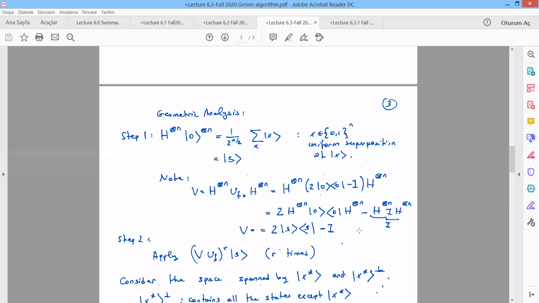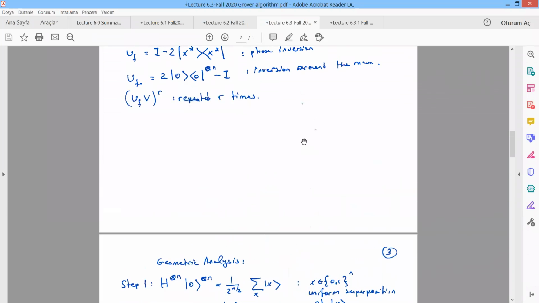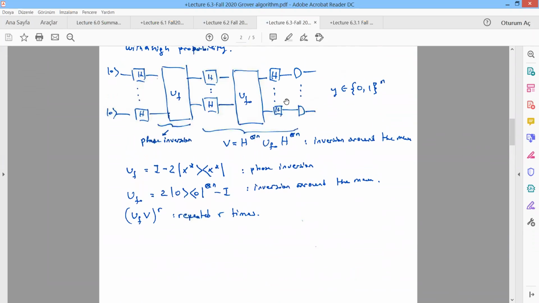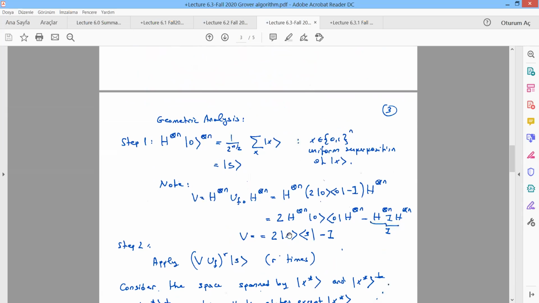In other words, you convert the ket state to a bra state and take the complex conjugate of all the components. So the first part is 2 times ket S bra S, and this was minus the identity operator I. This is what we mean by this V operator. So we converted this V operator to this form.